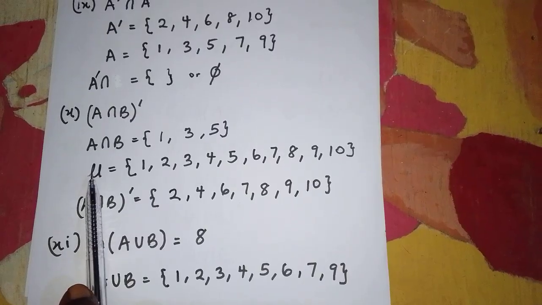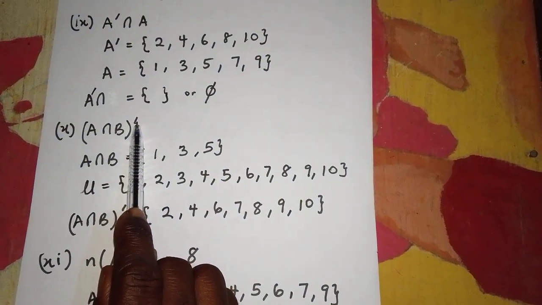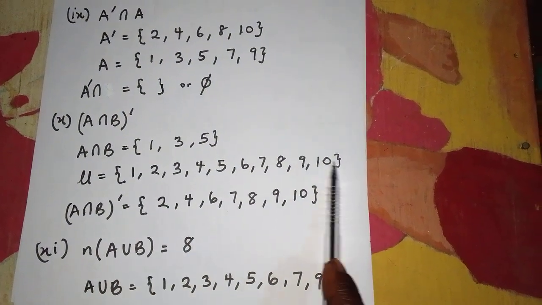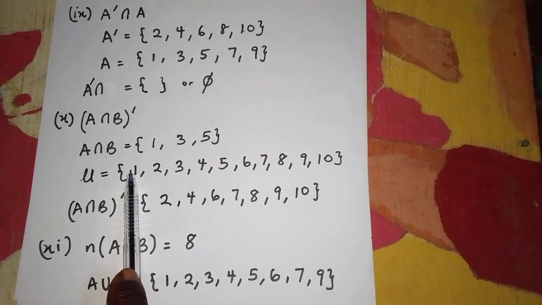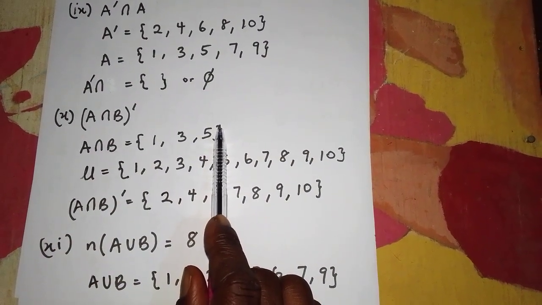Then to look for A intersection B complement, it means that you look at the universal set. We have numbers 1 to 10. What are the elements in the universal set but not in A intersection B?